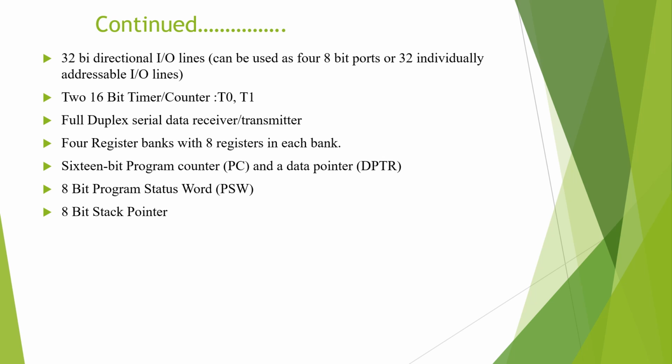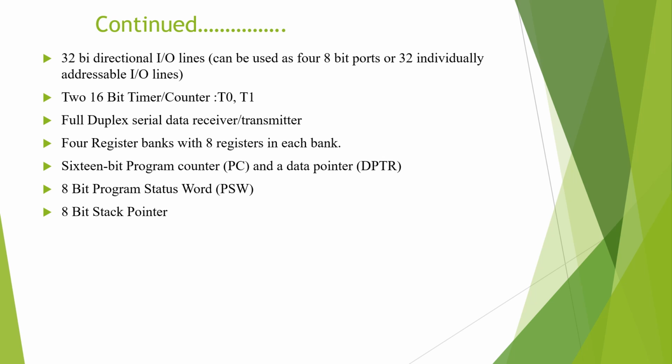Okay, so there are four register banks inside 8051, and each register bank contains 8 registers. There is a 16-bit program counter, and a 16-bit data pointer, DPTR. This DPTR, the data pointer, can be used as DPH and DPL, in which case it will behave as an 8-bit register.